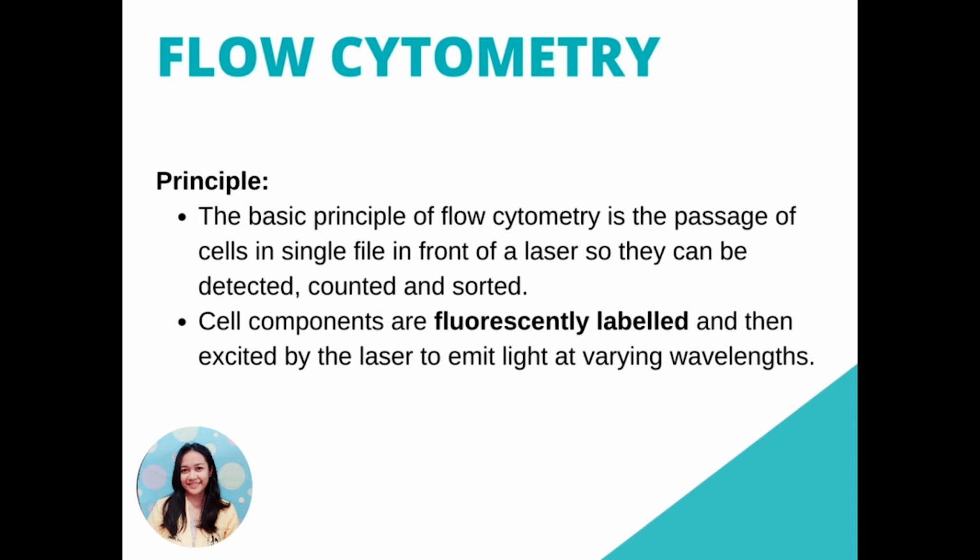There are several detectors that are carefully placed around the stream where the fluid passes through the light beam. One of these detectors is in line with the light beam and is used to measure forward scatter or FSC. Another detector is placed perpendicular to the stream and is used to measure side scatter or SSC.